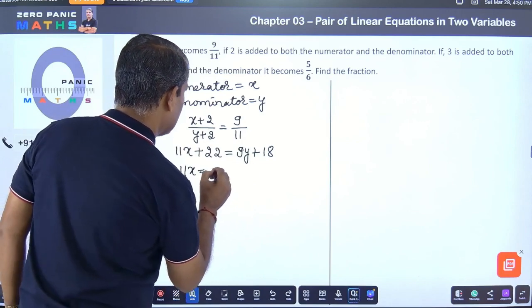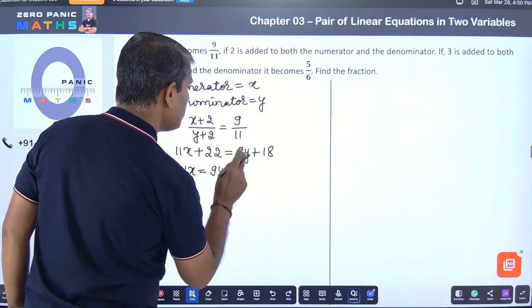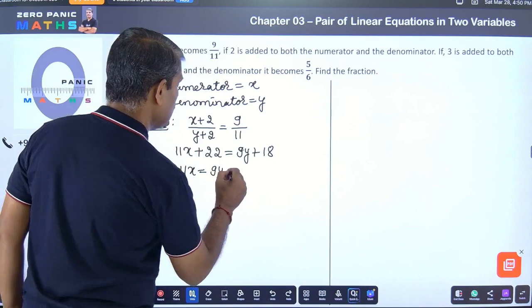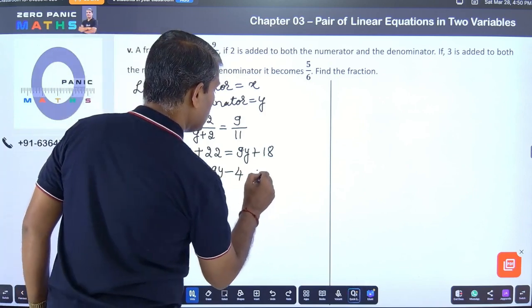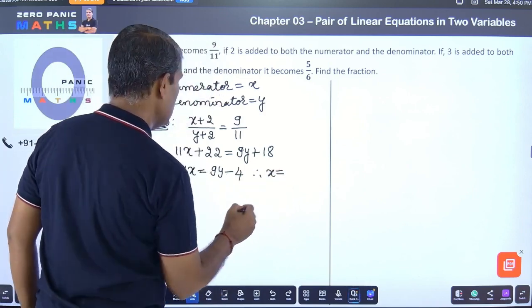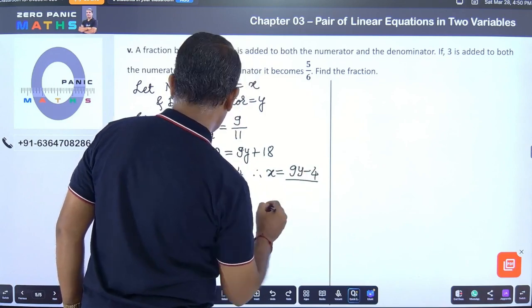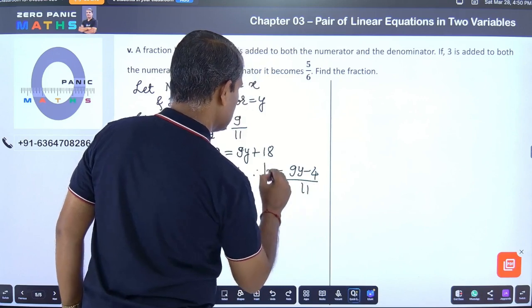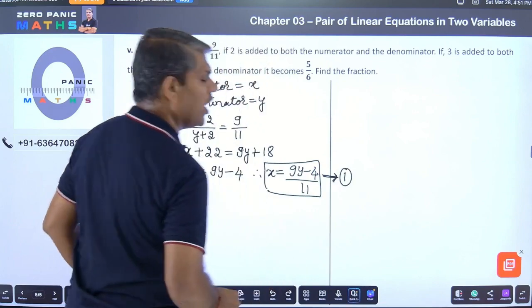So 11x equals 9y plus 18 minus 22, which is minus 4. Therefore x is equal to 9y minus 4 divided by 11. We can call this equation 1.